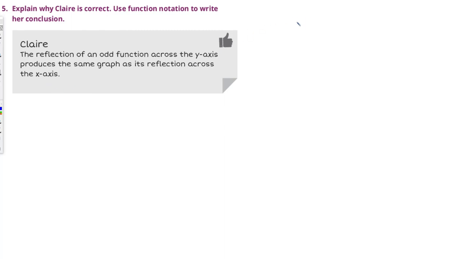What she's saying is, if I'm reflecting it across the y-axis, is that when I put a negative inside or outside? Outside. Y is outside. X-axis is the inside one.